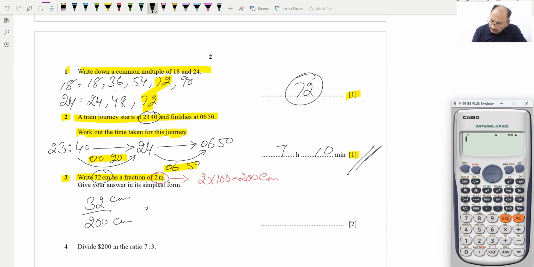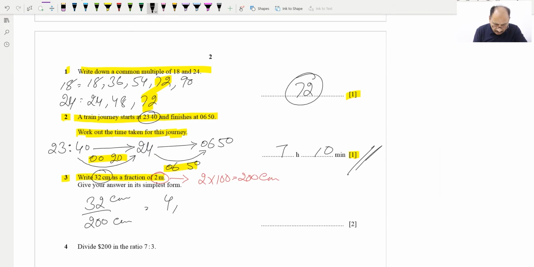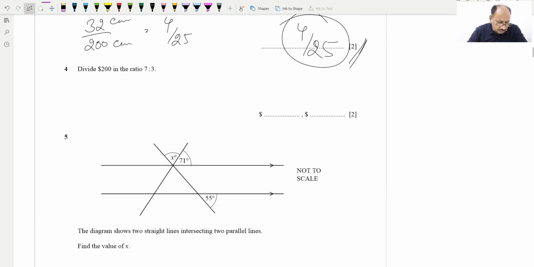Dividing both by 8, it simplifies to 4 over 25. 4 over 25 will be our final answer for this question, and this is for 2 marks.